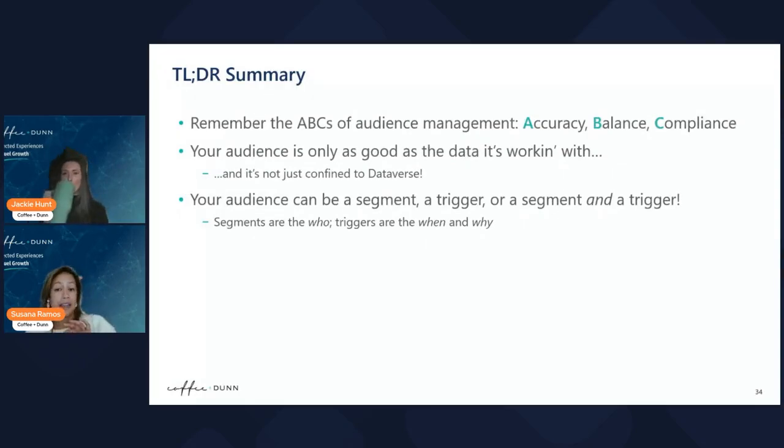And again, that doesn't just mean that you're confined to the data within Dataverse. If you have additional data sources outside and you want to connect that through CI data, you can then use it to create those audiences and use them back in CI journeys. And again, your audience can be a segment, it can be a trigger. Think of the who versus the when and why, or it could be a combination of both.